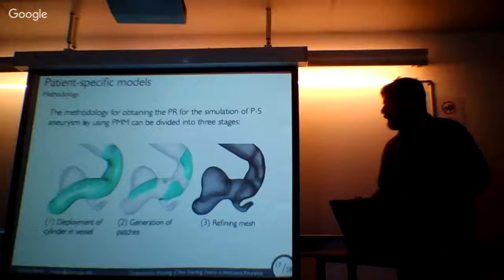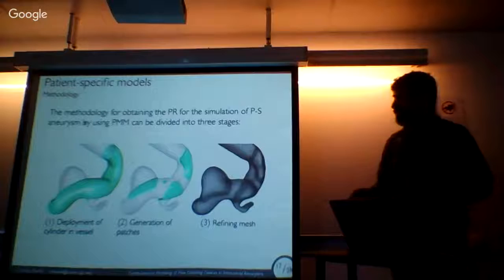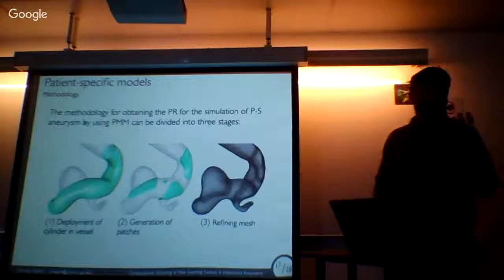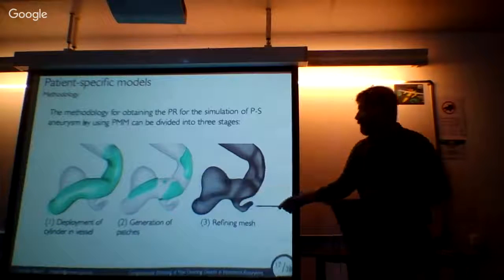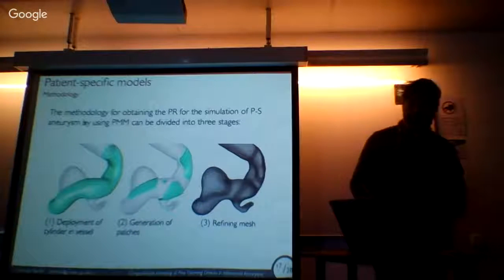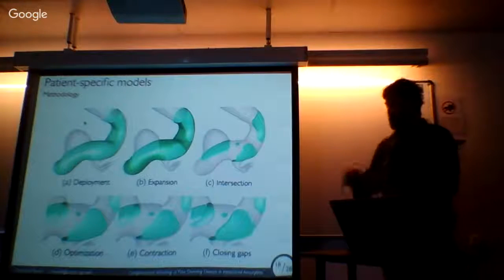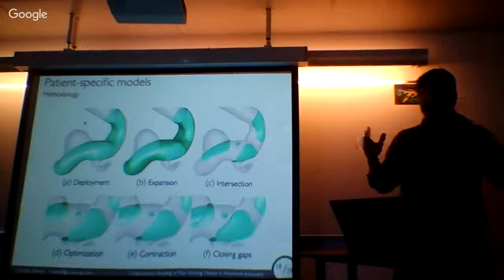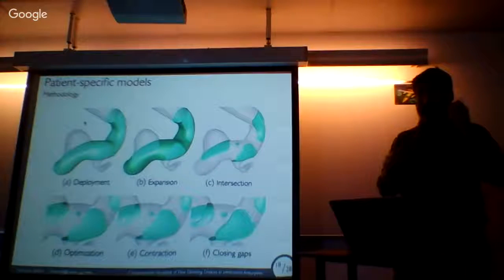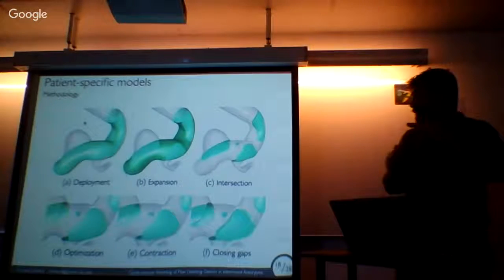Basically, what we are going to do is expand a cylinder inside the artery. We are going to create some patches, and these patches are going to be our source for the densification of the mesh. In detail, this is done by deploying the cylinder. We need to expand this until it just crosses the artery wall.